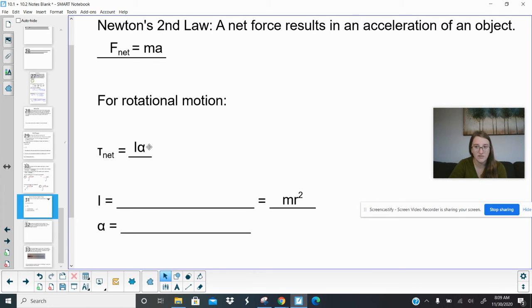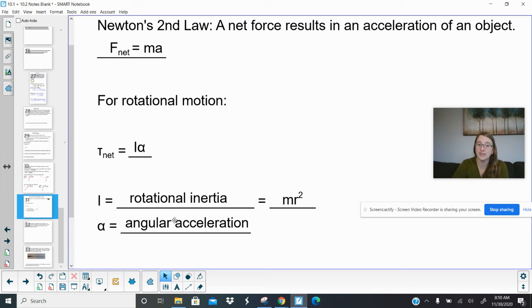Do you remember what these variables are? What did I stand for? This was rotational inertia, and there's the formula again. There's our formula for rotational inertia. Remember, rotational inertia refers to how difficult it is to rotate an object, based on its mass and based on that distance from its axis, yeah? And then what was alpha? Angular acceleration.